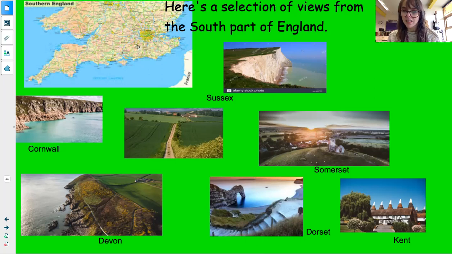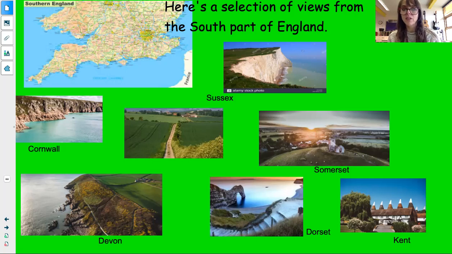Next door to that is Hampshire, which I've got to be honest here, I haven't got a picture of Hampshire because I think this one's Sussex as well. Next door to that is Dorset, okay. Next door to that is Devon, and next door to that is Cornwall, okay. And there we are. So I've got lovely views from all of those. This is really lovely, beautiful place, the south coast. That's that part of England.